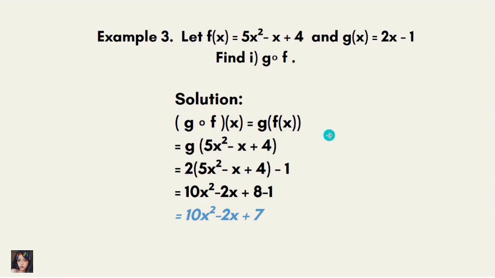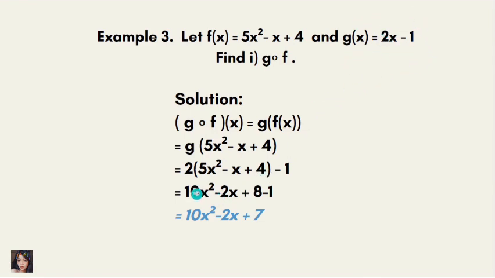So again, the first thing that we need to do is substitute the value of f of x into g of x. The value of f of x is 5x squared minus x plus 4, so we will substitute that into g of x. We will use the rule of g of x, which is 2x minus 1.